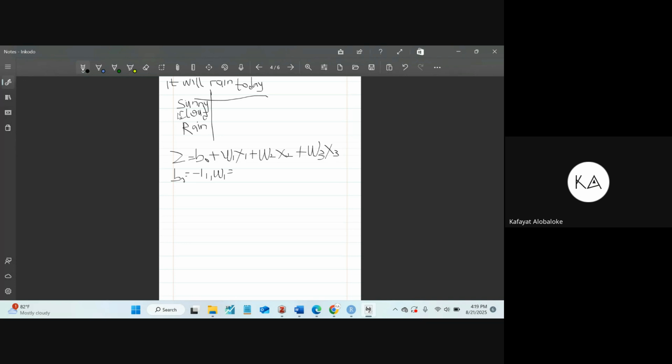In this case, this is the first word, right? This is the second and this is the third. So the weight of Sunny, or in a simpler form you can put W subscript Sunny. Do you get that? So in this case, W1 equals, let's say, -1.5.